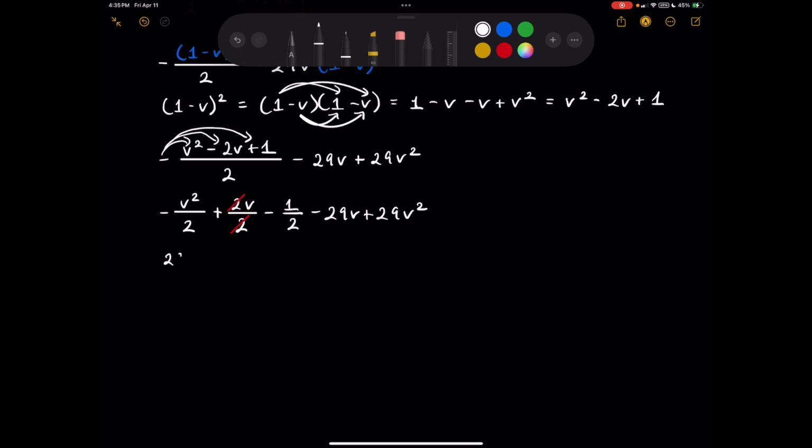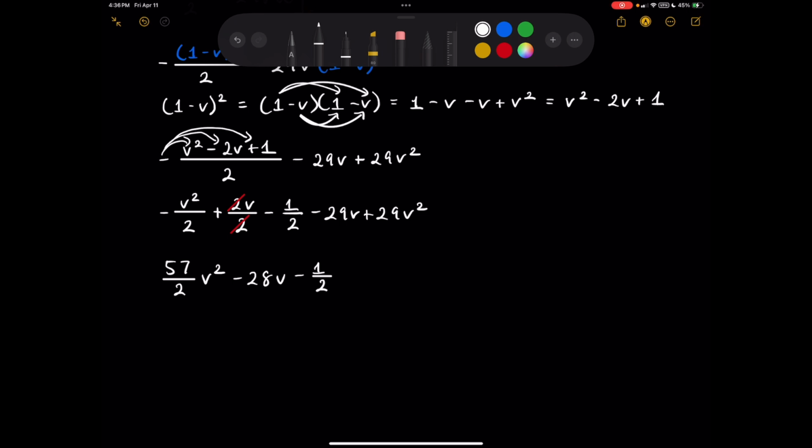So 29 times 2, that's 58, minus 1, yeah, 57. So we have positive 57 over 2 v squared, plus v minus 29v, that's just going to be minus 28v, and minus 1/2. And so that is the solution to our inner integral.